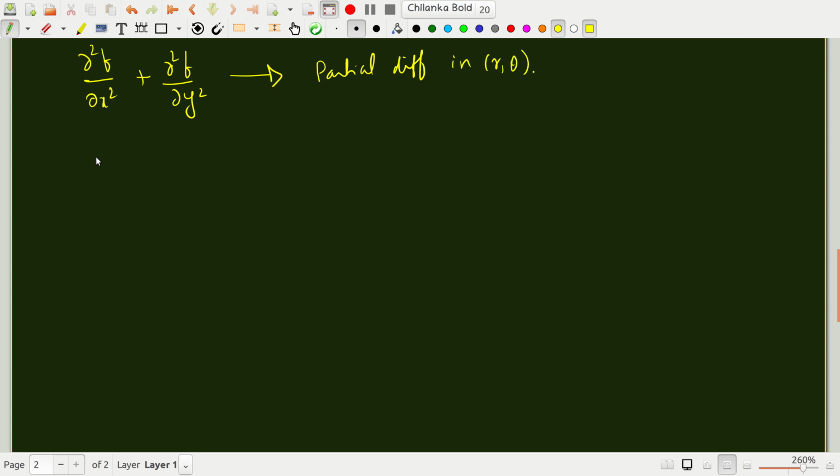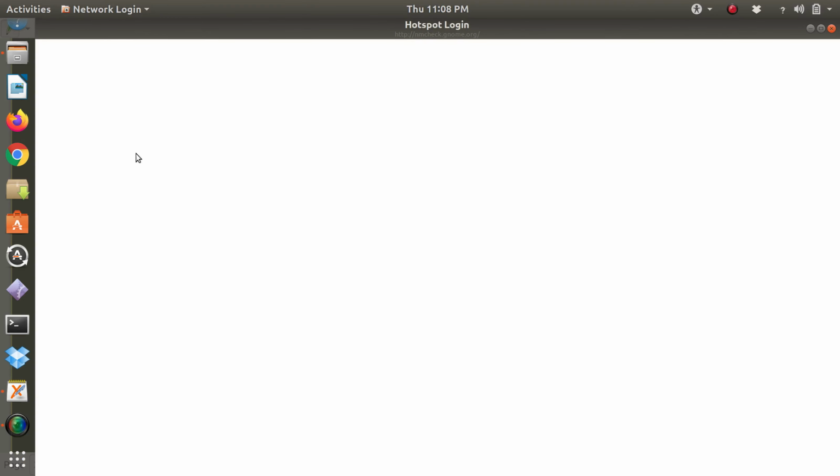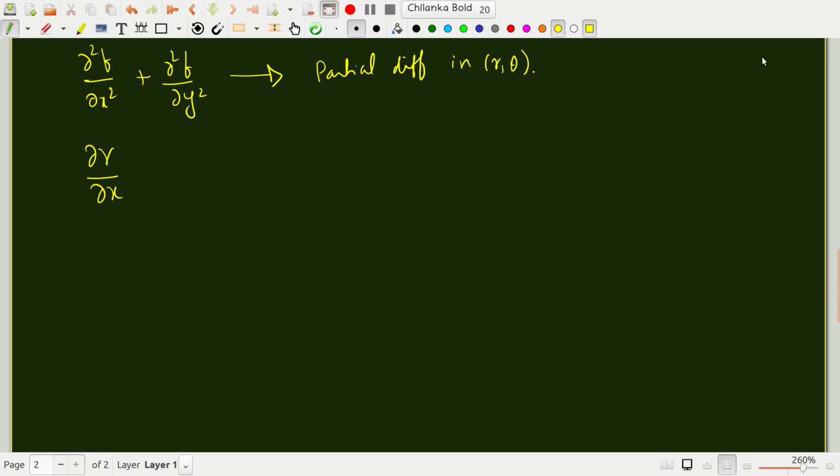In order to do this, first it's useful to have the following partial derivatives. What is partial r partial x at constant y? Because r is x squared plus y squared to the power half, and theta is tan inverse y by x, we can take derivatives fairly easily.